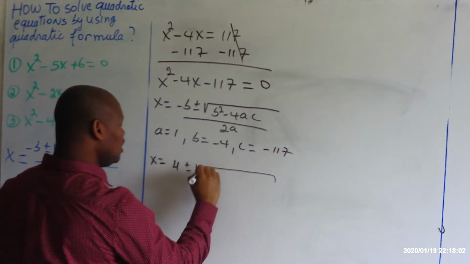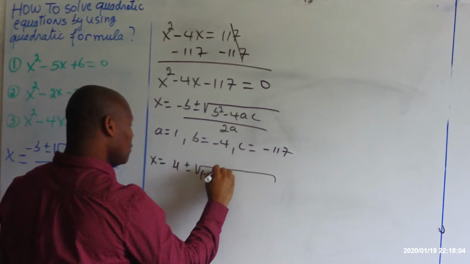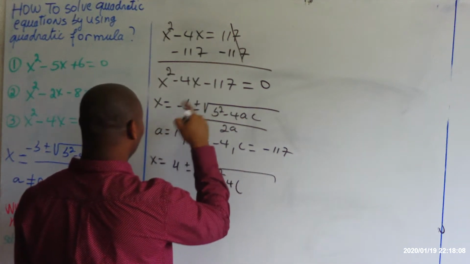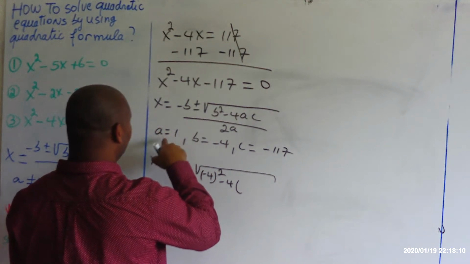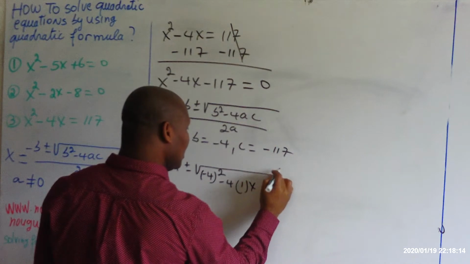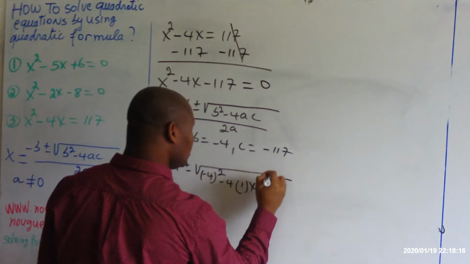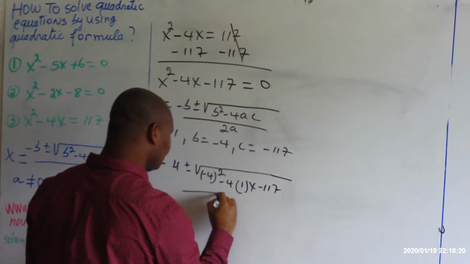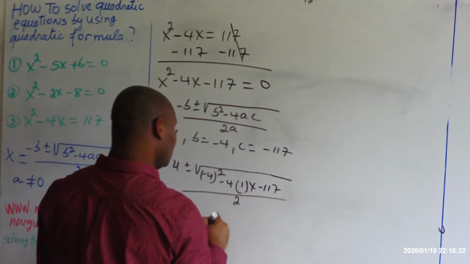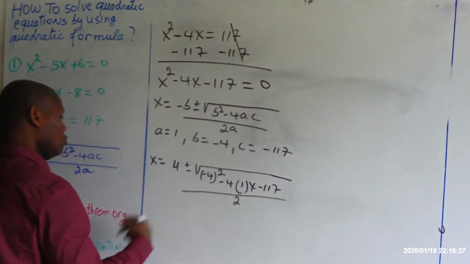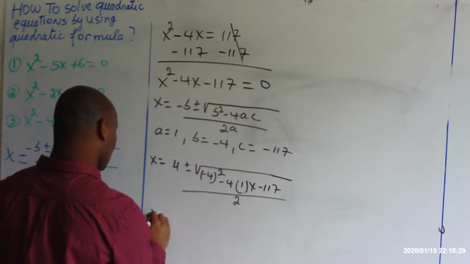B squared is going to be negative 4 squared, minus 4 times a, which is 1, times c, which is negative 17, over 2a. 2a is 1, 2 times 1 is going to be 2. Okay? So you get familiar with that right now.